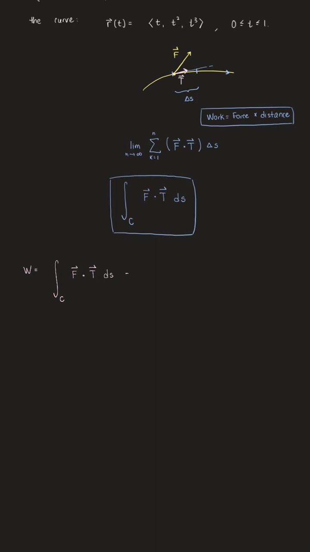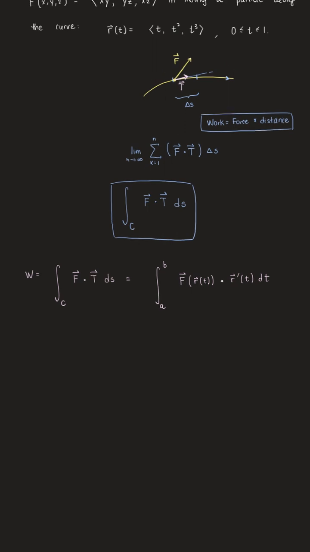And when we write this in terms of t, we will have, from t equals a to t equals b, our vector field evaluated along the points on the curve, dotted with r prime of t dt. You can go back and look at the previous video to see how we obtained this form. So this is what we're going to use to solve the problem.